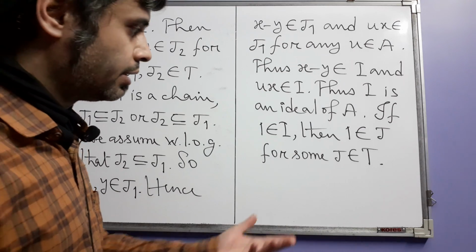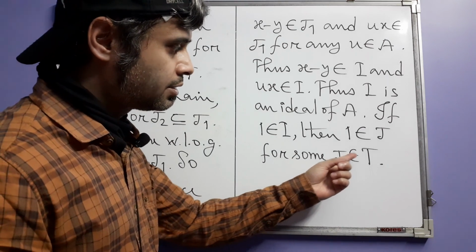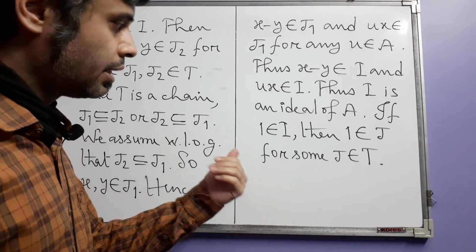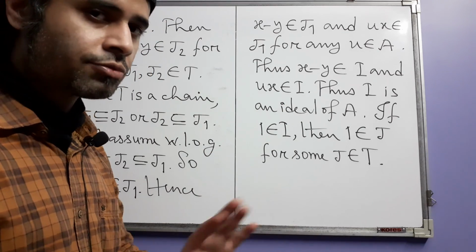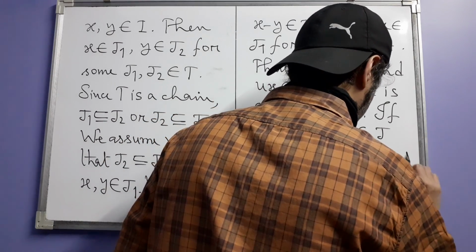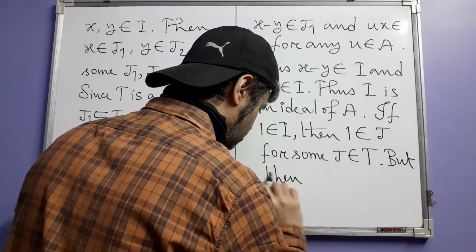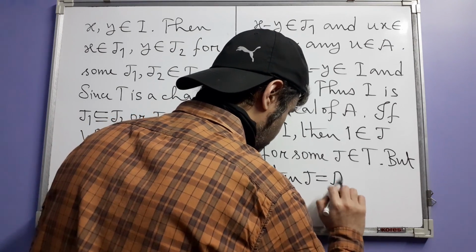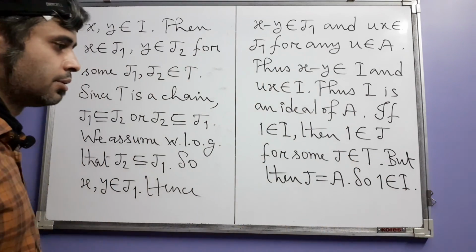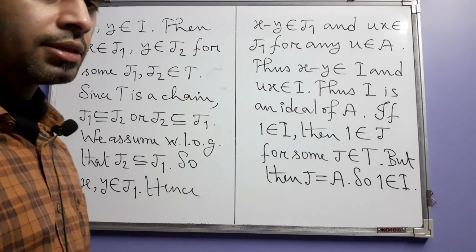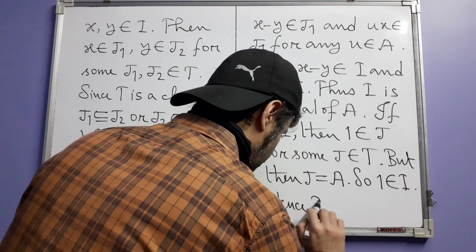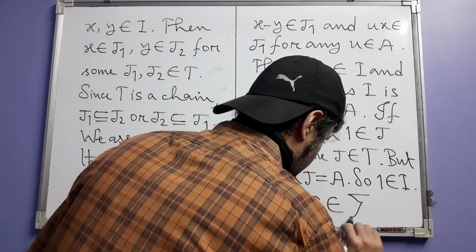But the problem is that J is coming from T and T is a subset of sigma. So J also belongs to sigma, and the elements in sigma are proper ideals. None of them is equal to A. So that is why this is not possible. So 1 does not belong to I. So I, besides being an ideal of A, is actually a proper ideal of A. Hence, I belongs to sigma.